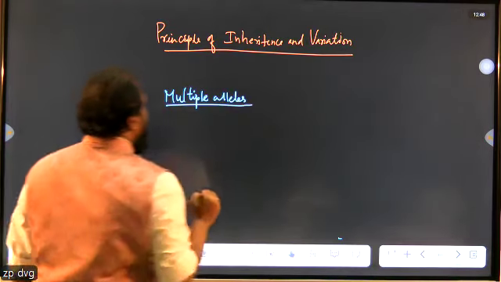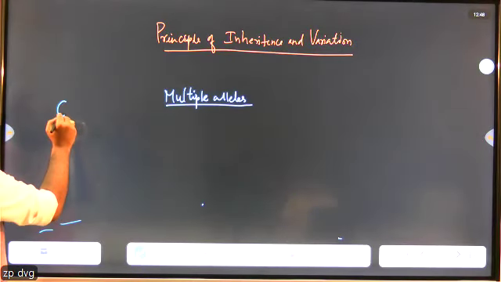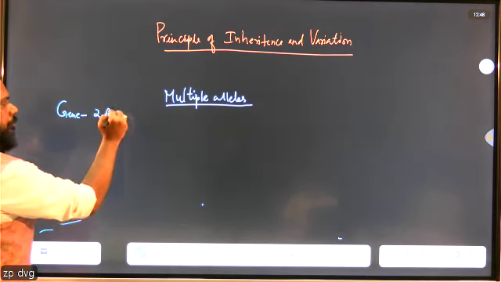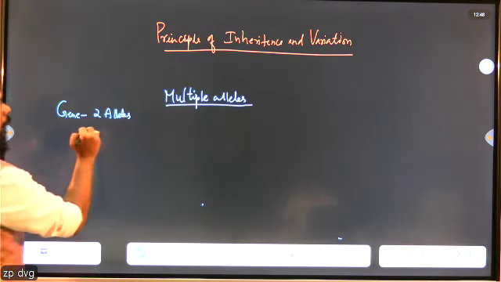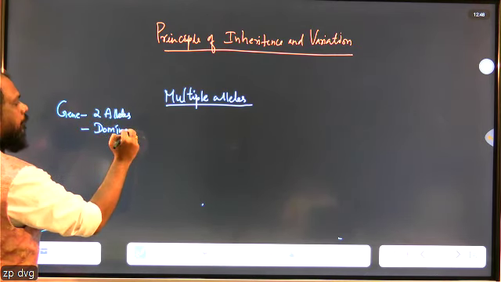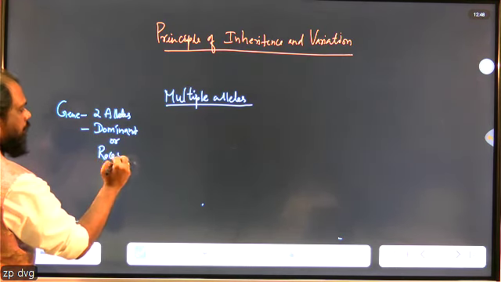Multiple alleles. Okay, we studied alleles. Now multiple. We studied every gene generally will have two alleles. Am I right? And these two alleles may be a dominant allele or a recessive allele.